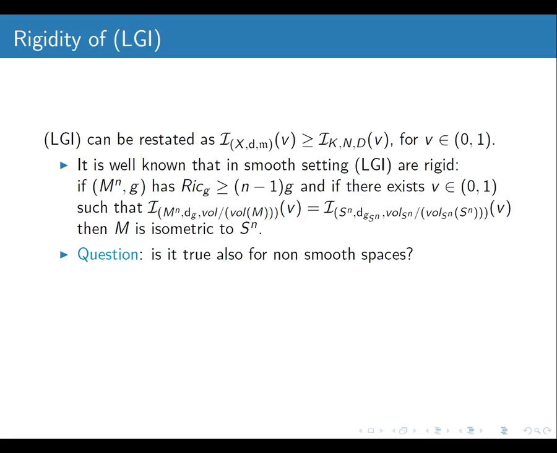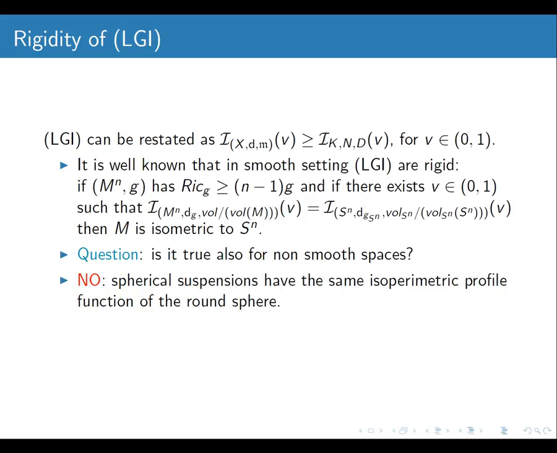And the question we tried to understand was whether the same statement holds also for non-smooth spaces. And the answer to this question is no, because you can find examples of non-smooth spaces having the same isoperimetric behavior as the sphere. A typical example is the spherical suspension.